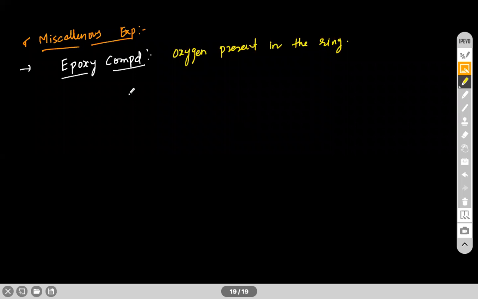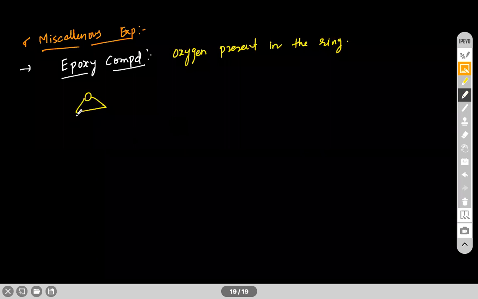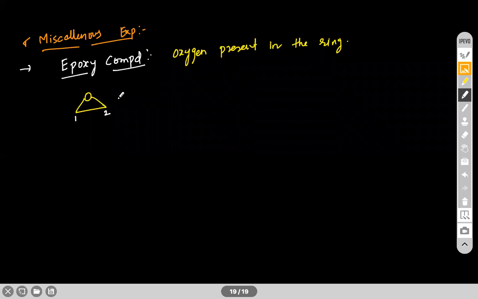For example, oxygen present in this ring. This bond, the O single bond that we have here, we call it an epoxy bond. And between the first and second carbon atom we have this epoxy bond present.